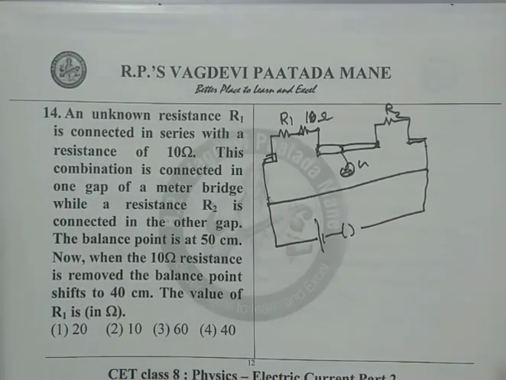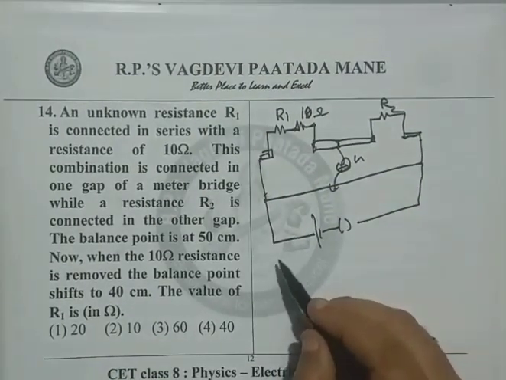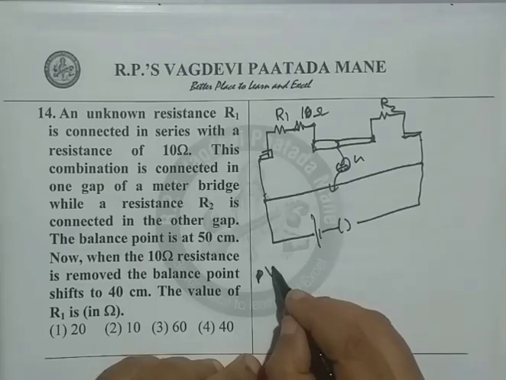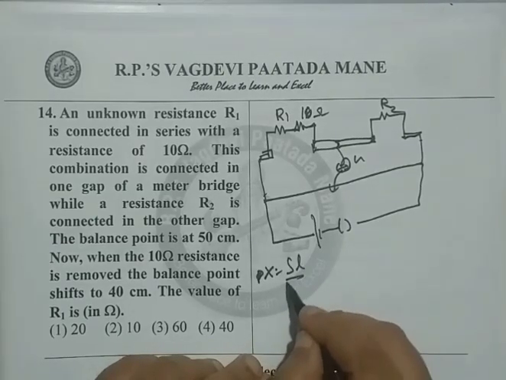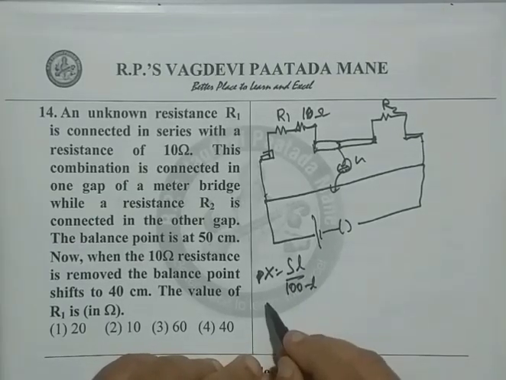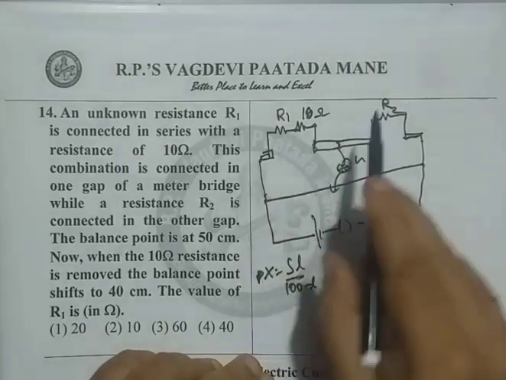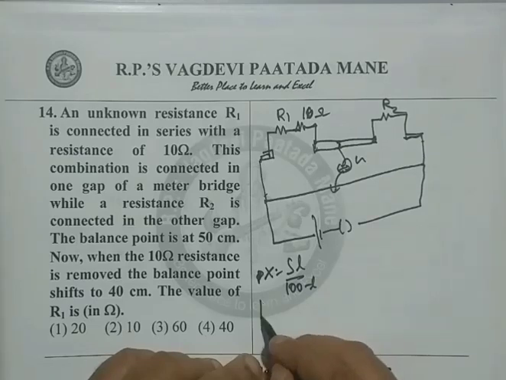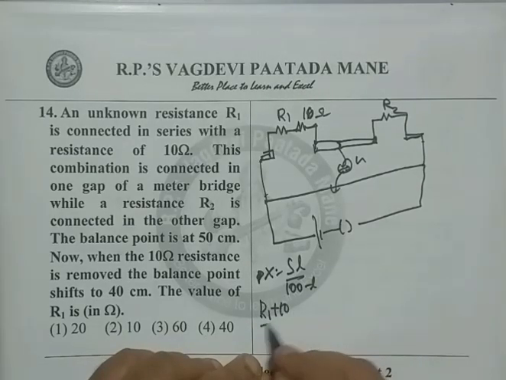Now, when R1 and 10 ohms are there, we can simply write by using the formula X equals S into L by 100 minus L. Here X is R1 plus 10 and S is R2. So simply write (R1 plus 10) by R2.